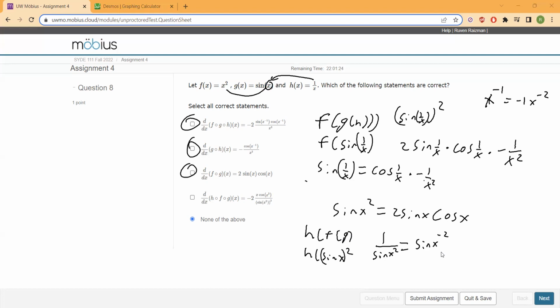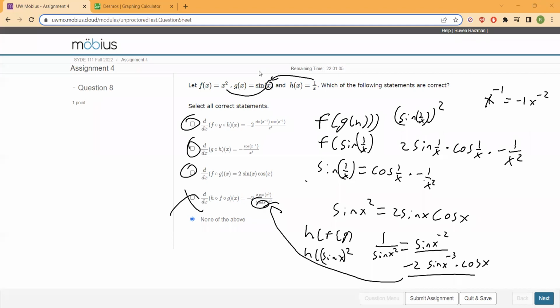Then we can start deriving it. We get negative 2 sine x to the power of negative 3 times cosine x. We see that this does not equal the one given, so this does not work. So let's pick all the ones that don't work: 1, 2, 3. I'm going to click next.